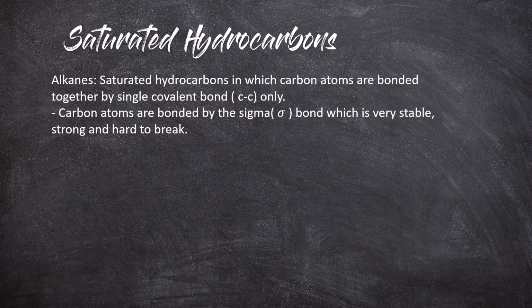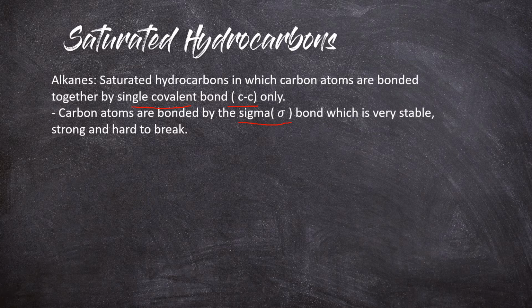In saturated hydrocarbons, there is a single covalent bond, and they are less reactive and stable due to the sigma bond. Carbon atoms are bonded by the sigma bond, which is very stable, strong and hard to break.